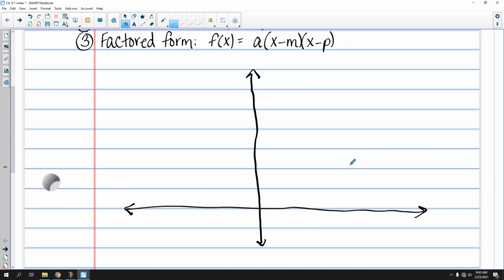Okay, so a quadratic function, let's look at the standard form, the ax squared plus bx plus c. And so this would be a quadratic function.